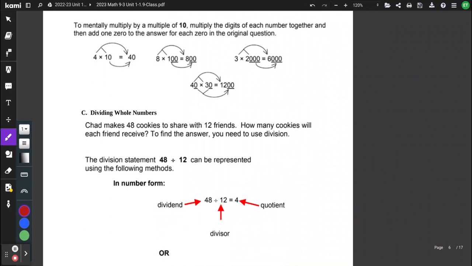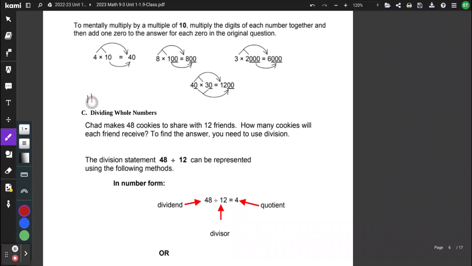Now, you could be multiplying. We're talking about multiplying by tens. Whenever you've got zeros, however many zeros you're multiplying is the number of zeros you're going to see in your answer.